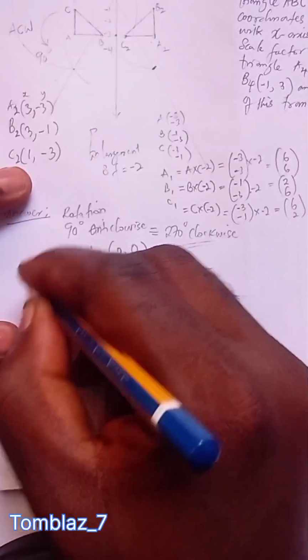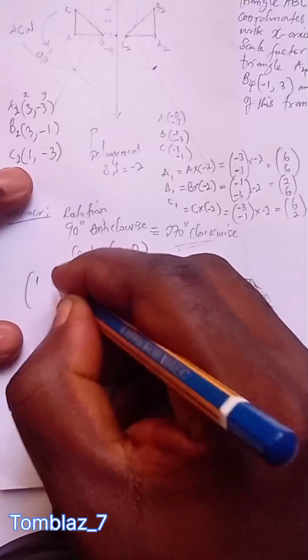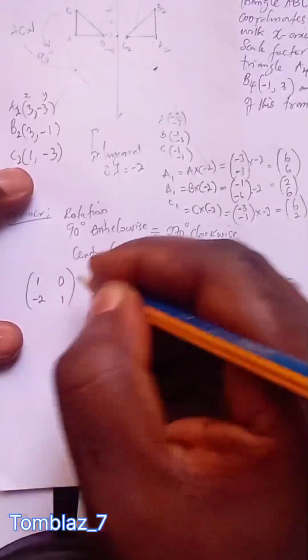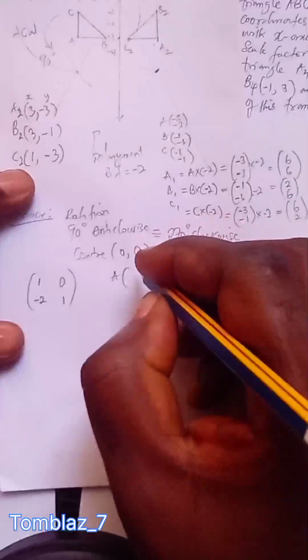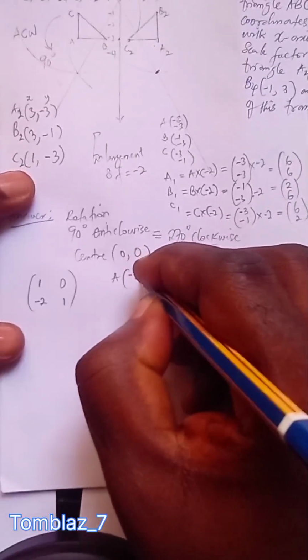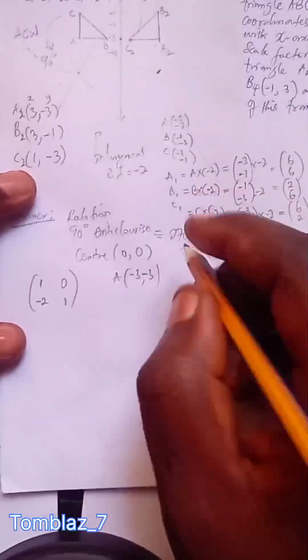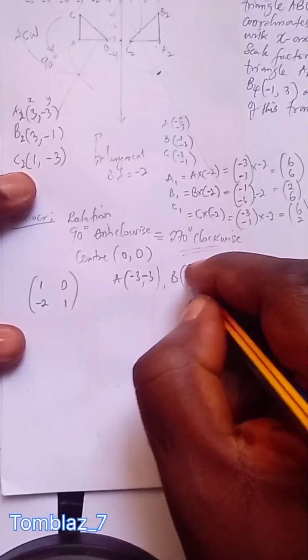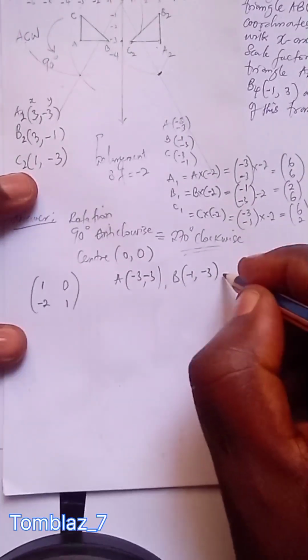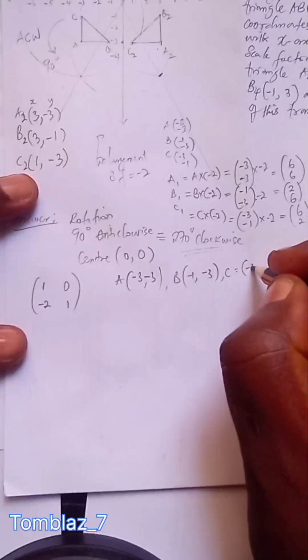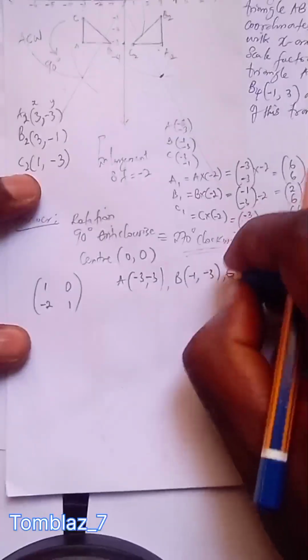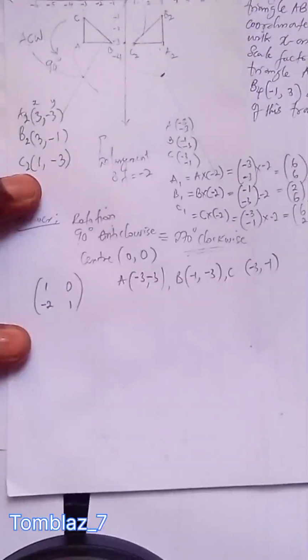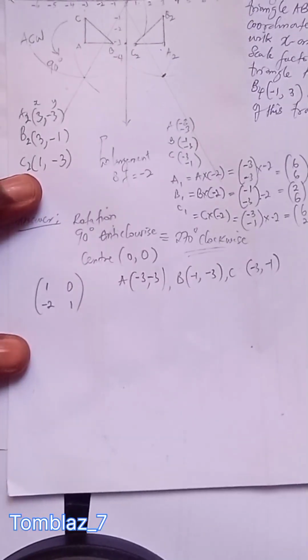The matrix is 1, 0, -2 and 1. The original coordinates are A(-3, -3). For B, -1, -3. For C, we have -3 and -1, right?